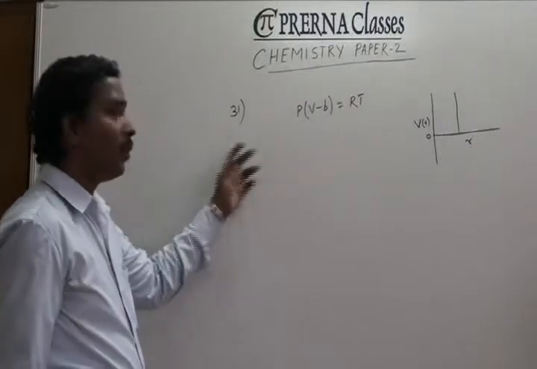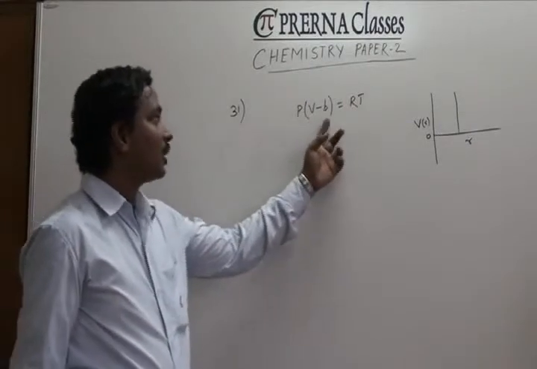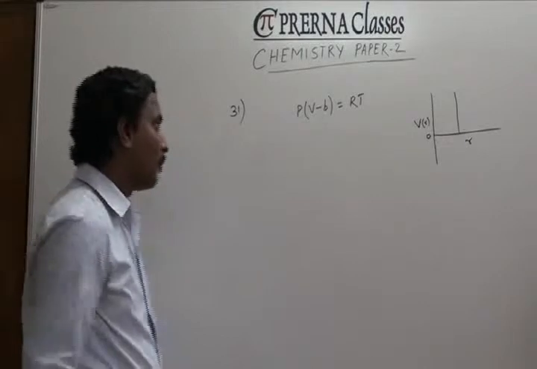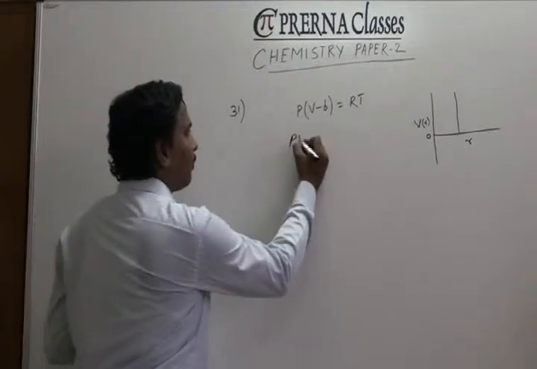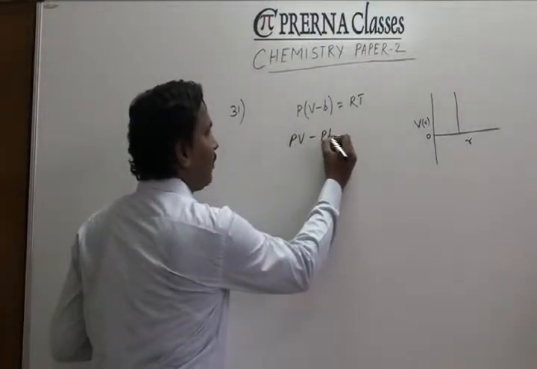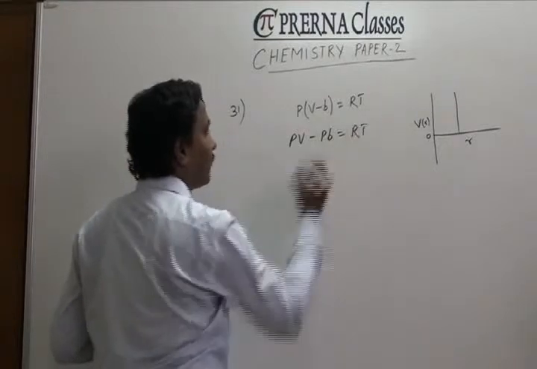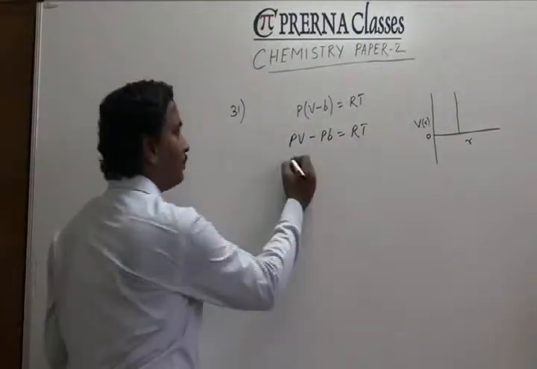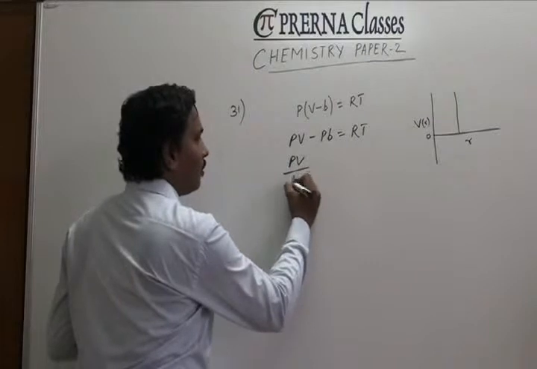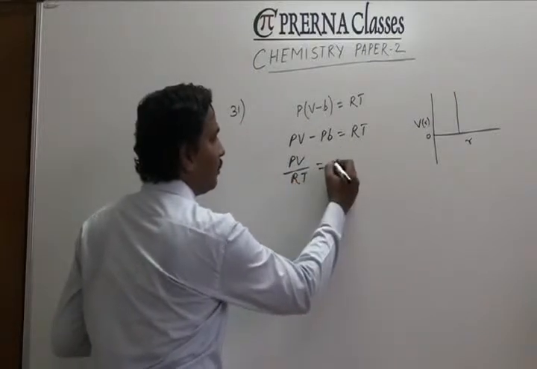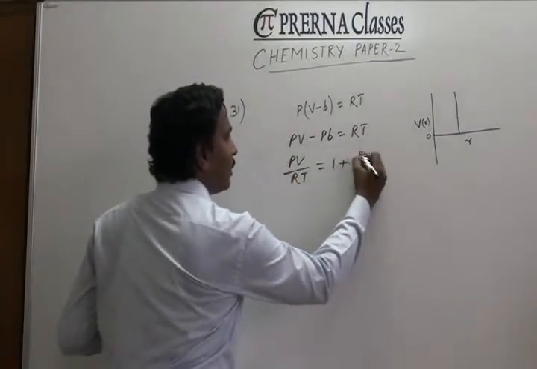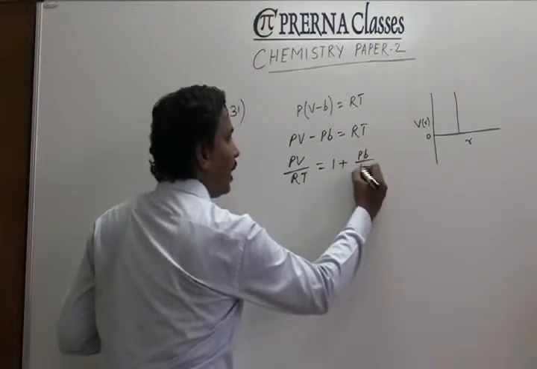Question number 31. For a real gas, P(V minus b) is equal to RT. We can write PV minus Pb is equal to RT. On dividing by RT, we get PV by RT is equal to 1 plus Pb by RT.